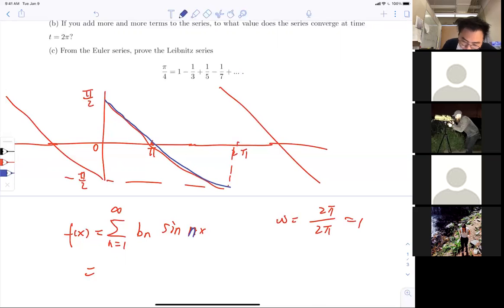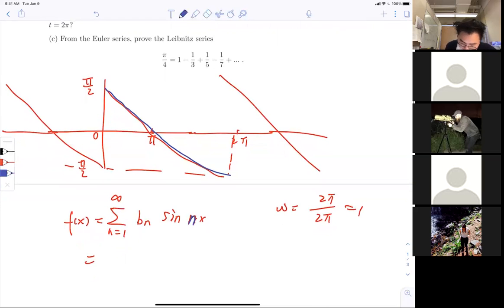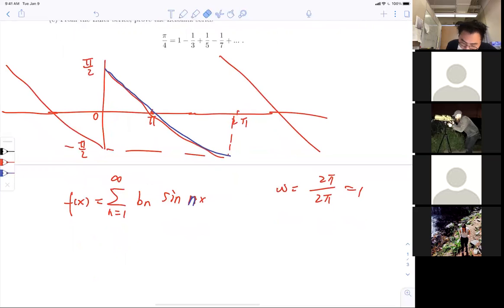If you assume the period is 2 pi, you just repeat this graph and you see that it's an odd function. And the Bn, similarly, Bn is what? Is the integral from minus pi to pi.